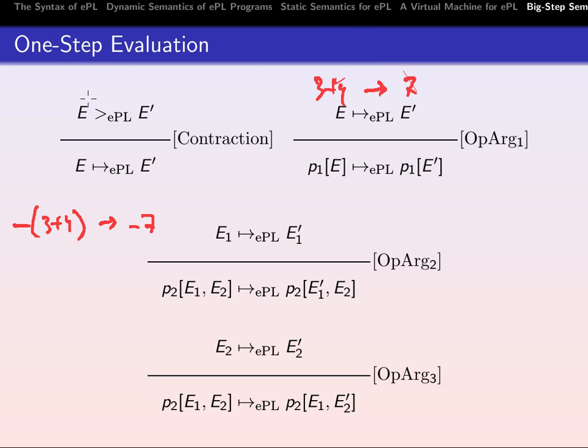So this is a contraction. I can say 3 plus 4 arrow 7. Because I can say 3 plus 4 arrow 7, I can say minus (3 plus 4) arrow minus 7. This is what this rule is saying. Similarly for binary operators, which are represented here, I can perform the operation either on the left hand operand or on the right hand operand.